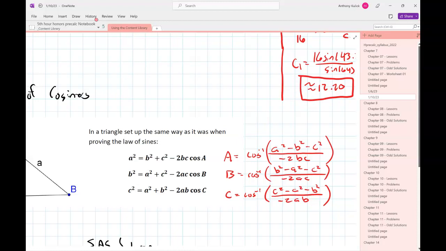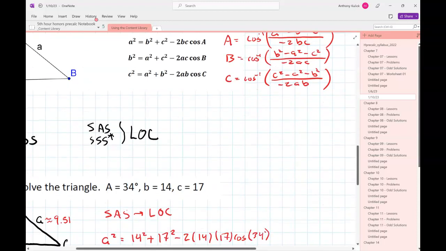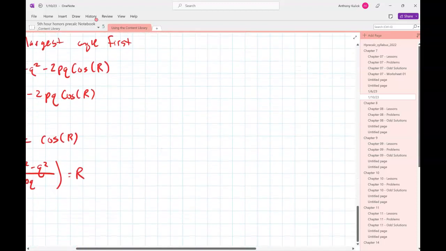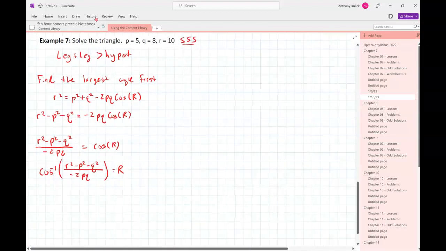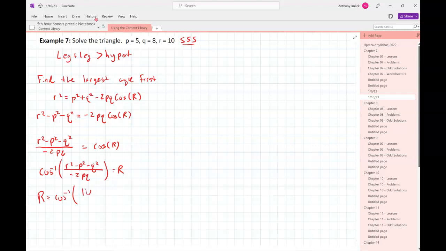All right. Let's go finish this example up that we had put on hold here. So we say that R then is the cosine inverse of 10 squared minus 5 squared minus 8 squared over negative 2 times 5 times 8.